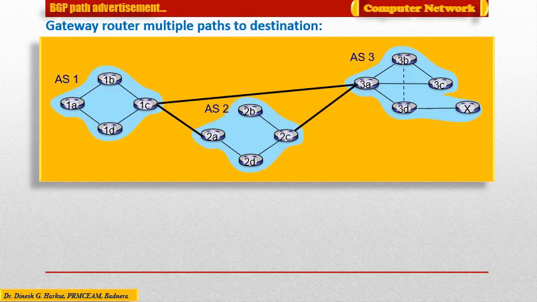As in our earlier scenario, gateway router 3A advertises the path AS3 X to its counterpart in AS2, that is 2C, and propagates the path AS3 X to all its internal routers using iBGP session.